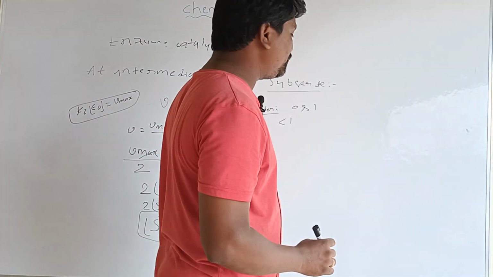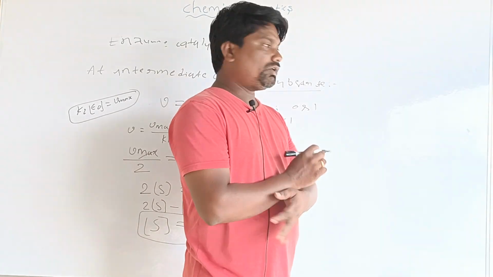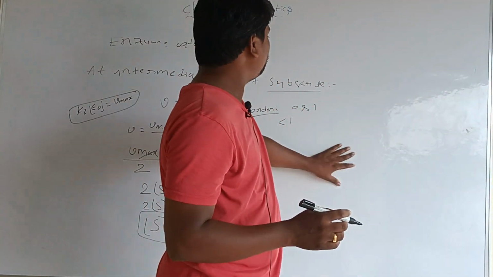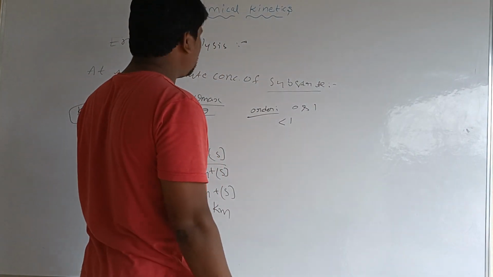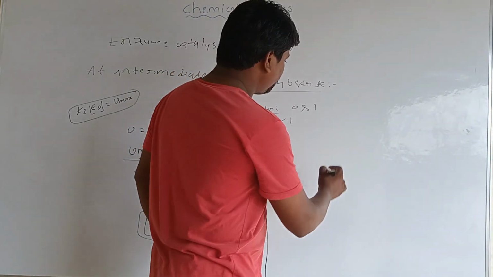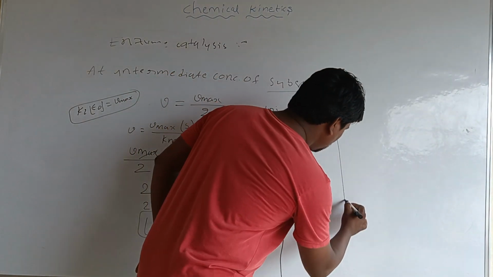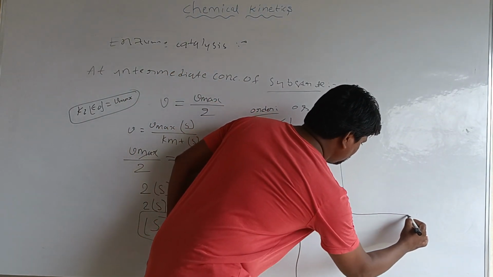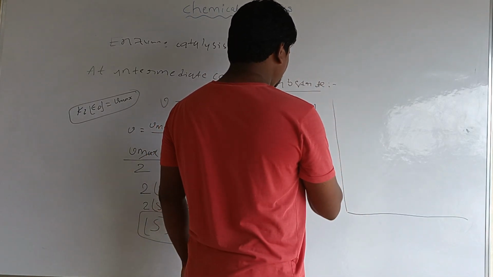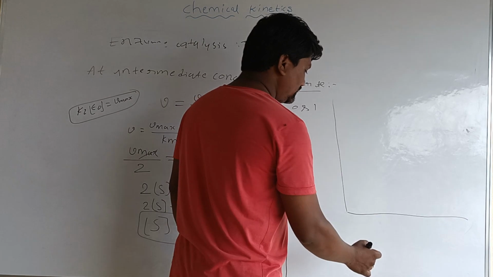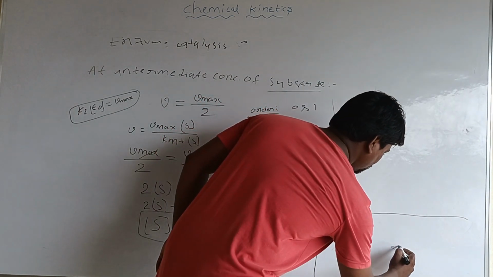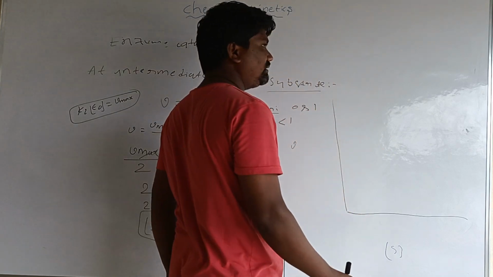In graphical point of view, the concentration of substrate at low, high and intermediate is represented as follows. Here the rate of reaction mu, this one is substrate concentration.